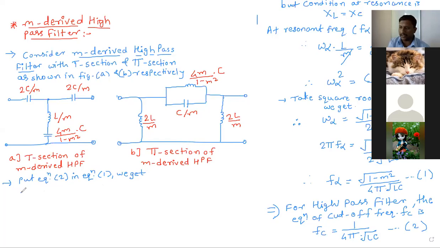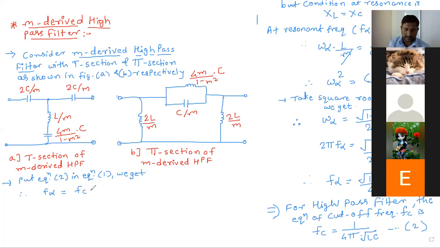So what we are getting here, f alpha is equal to FC into root 1 minus m square. So you can take f alpha divided by FC on one side, is equal to root 1 minus m square.